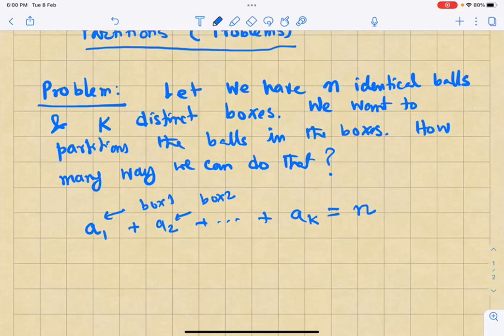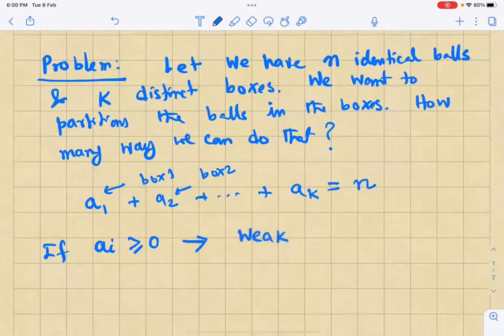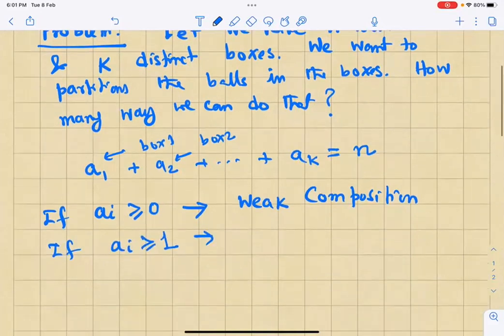If each Ai is greater than or equal to 0, in particular some of the Ai could be 0, then such a decomposition of n we give the name weak composition. And if each box contains at least one element, then we call it a strong composition, or just a composition.